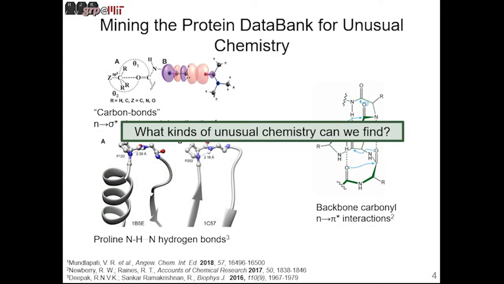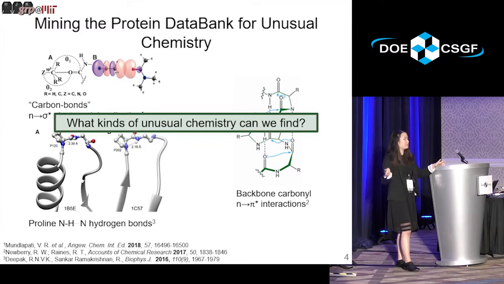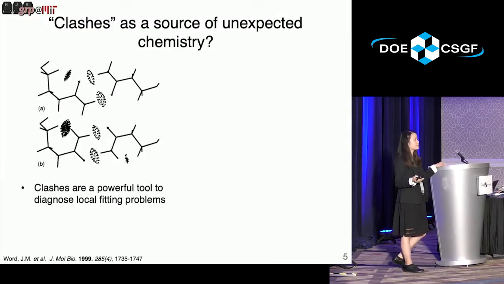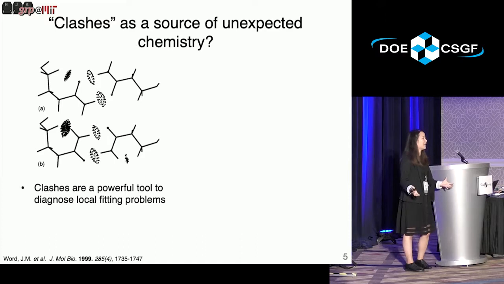What kinds of unusual chemistry can we find in the Protein DataBank? One place we might look for unusual chemistries is where people think there's a mistake. When an X-ray crystallographer tries to develop a model of the protein structure, they have to fit a set of atom positions to the raw experimental data.